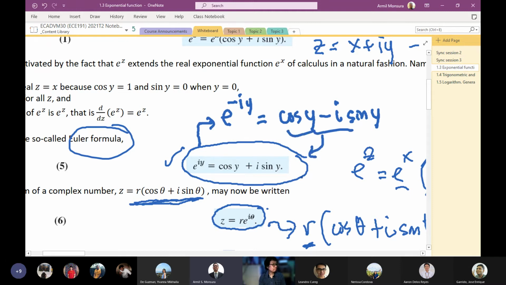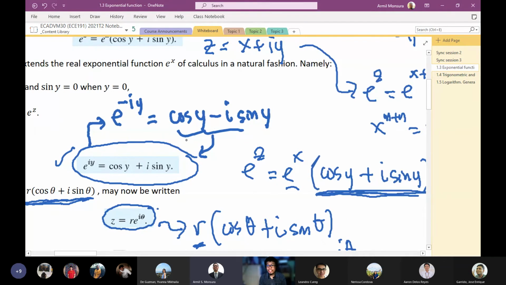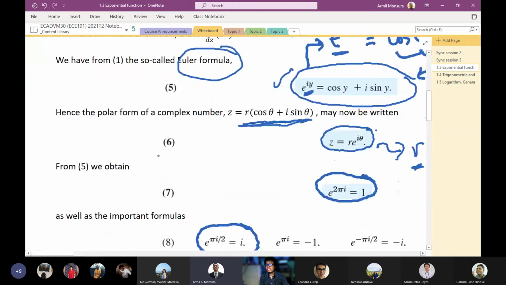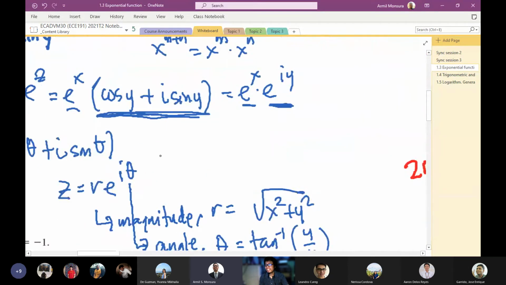Tama ba? Dalawa na lang yung nakikipag-interact sa akin. So kung conjugates yan, it also means this one and this one are also conjugates. So again, as a note here, saan ko lalagay? Ayan, note.